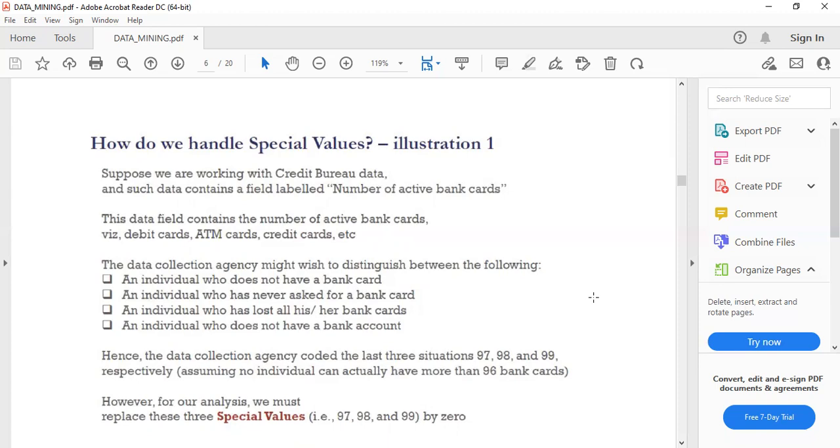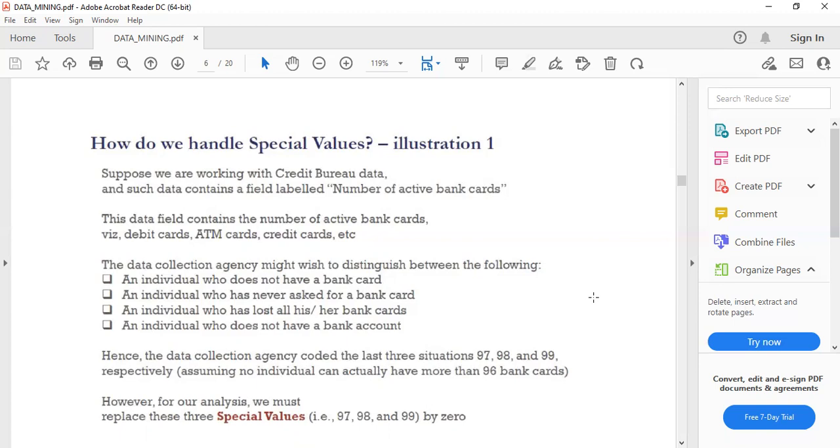Suppose we are working with credit bureau data and such data contains a field labeled number of active bank cards. This data field contains the number of active bank cards, namely debit cards, ATM cards, credit cards, etc. The data collection agency might wish to distinguish between the following: an individual who does not have a bank card, an individual who has never asked for a bank card, an individual who has lost all his or her bank cards, an individual who does not have a bank account at all.